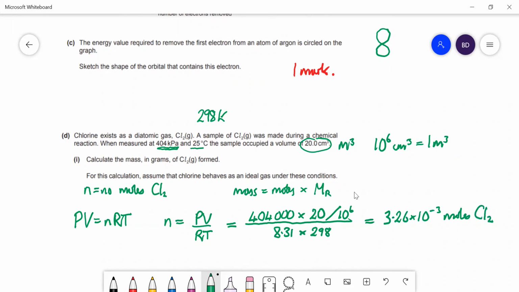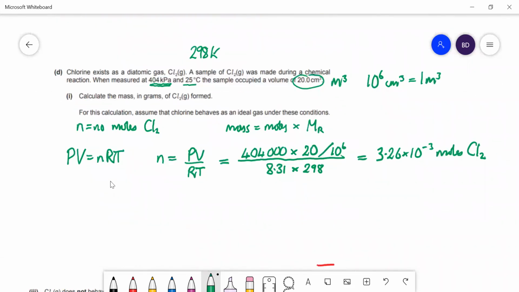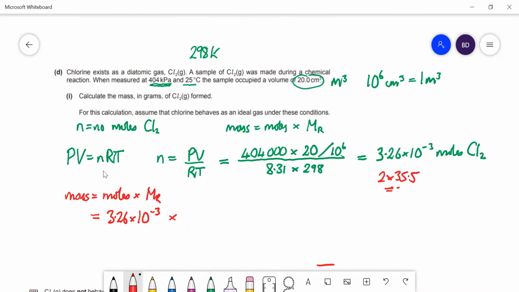Now we need to work out the mass of chlorine. Mass, as we said, is equal to moles times the Mr. The moles is 3.26 times 10 to the minus 3, and the Mr of chlorine is 2 times 35.5 because it's Cl2, which is equal to 71.